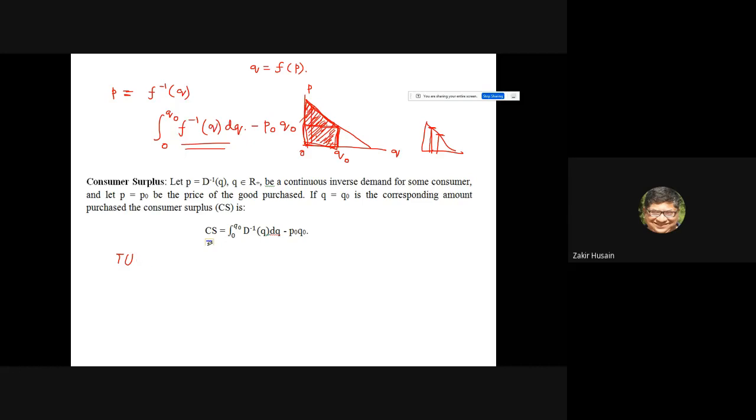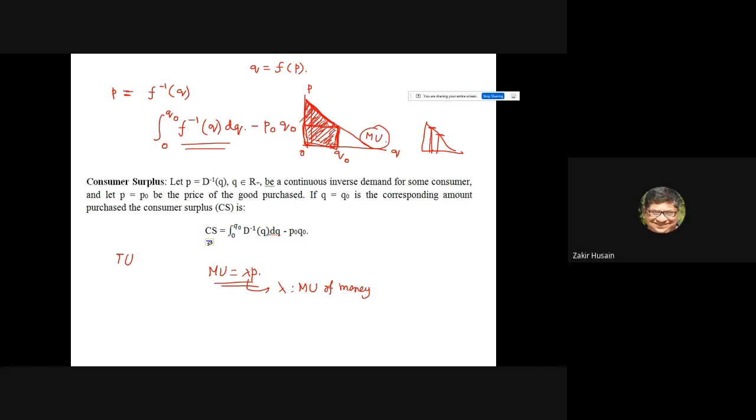What is your demand curve? Your demand curve is your marginal utility curve. Demand is the marginal utility, right? In the Marshallian theory, in a one commodity world, marginal utility is equal to lambda p, where lambda is the constant marginal utility of money. So if this is the marginal utility, what is the integral?